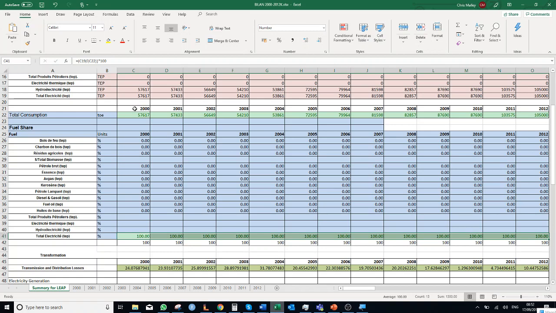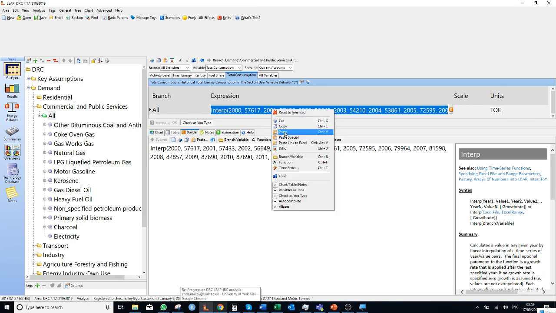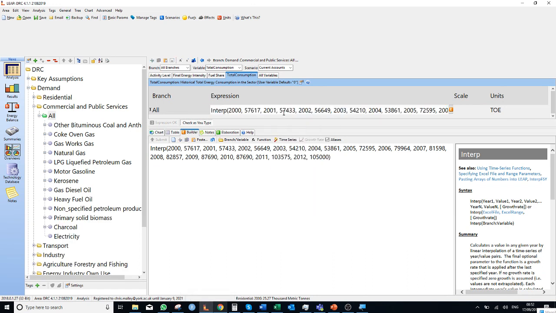Now when I did that, all I did was copy the years and the values. I went to LEAP, and then I pasted that into this space. There was no need for me to write out this long expression.